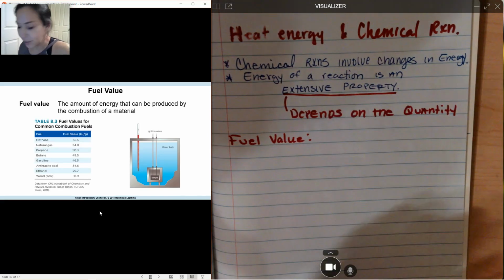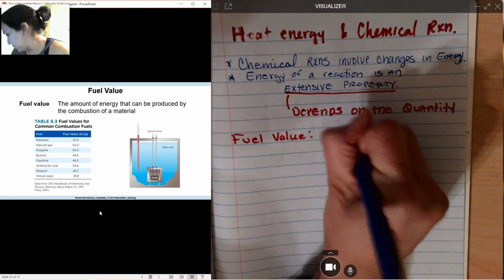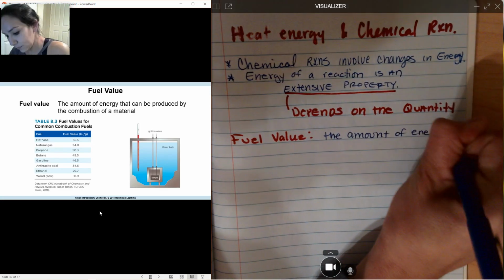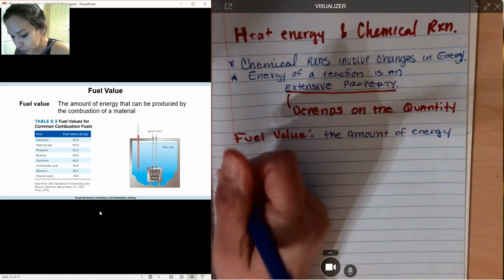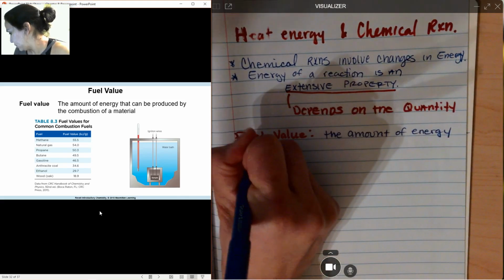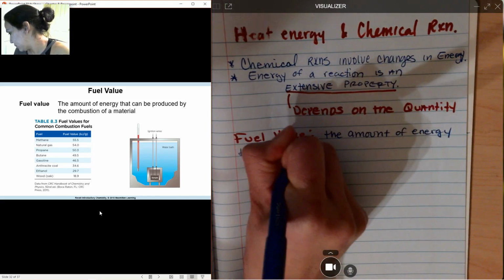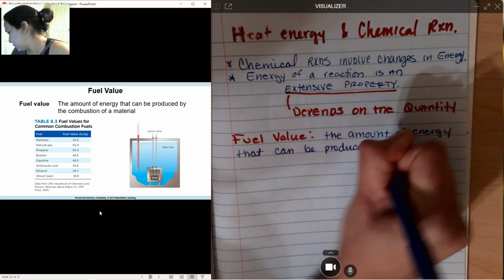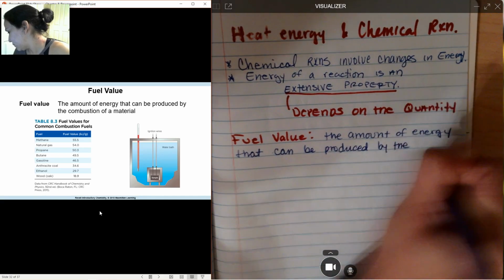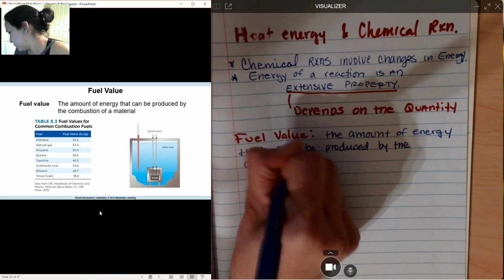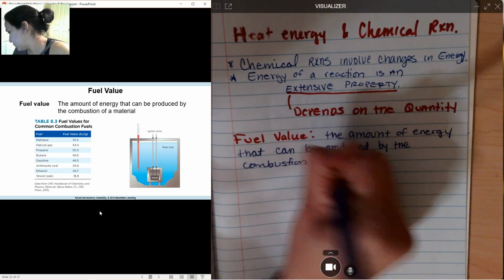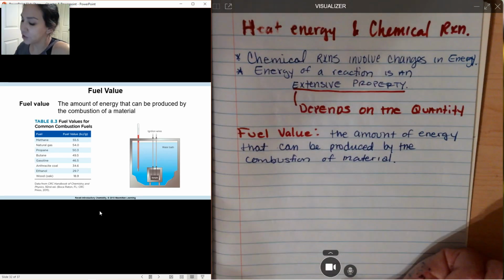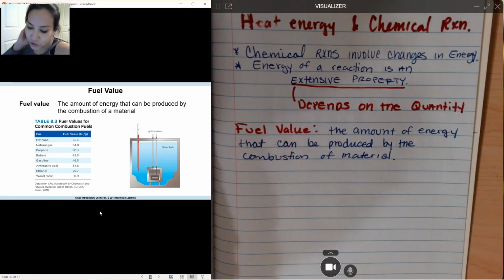Okay. So it's the amount of energy that can be produced by the combustion of material. So we had a couple of these.